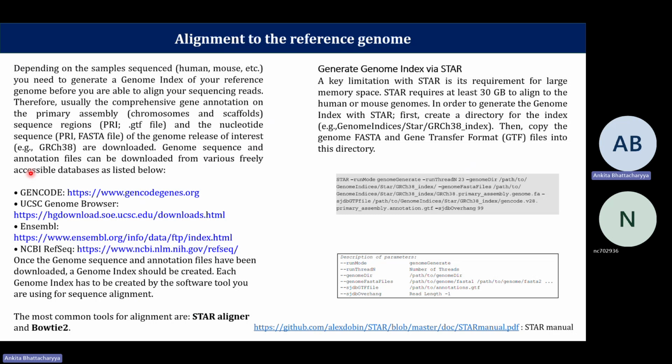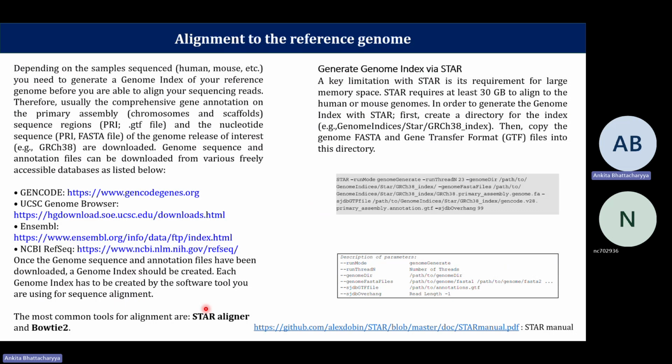Now, what do we do practically as part of our analysis? Once you have your genome sequence from these resources and you have your annotation file, you have to index your genome, and that is usually created by the software you're using for alignment. The one I'll be discussing today is Star aligner. We'll come to more details about it later on, but these are some of the most common tools: Bowtie 2, Star aligner.